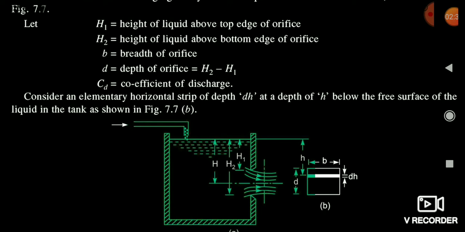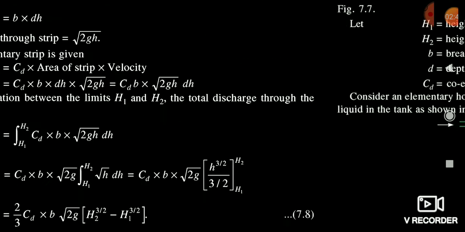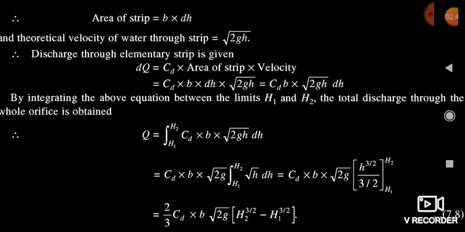So I think you can clearly understand the orifice, and you can see here we are considering a small element of strip. So area is b into dh, means area is length into breadth, and the velocity is equal to root under 2gh.